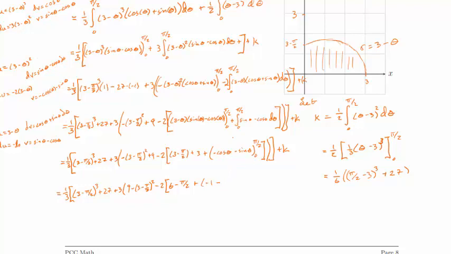Okay, I'm messing with my own brain here. Negative cosine of pi over 2 is 0 minus sine of pi over 2 is negative 1, and then we do minus parentheses, cosine of 0 is 1, but it's negative, so negative 1, sine of 0 is 0. And just one more line to simplify this down a little bit more.